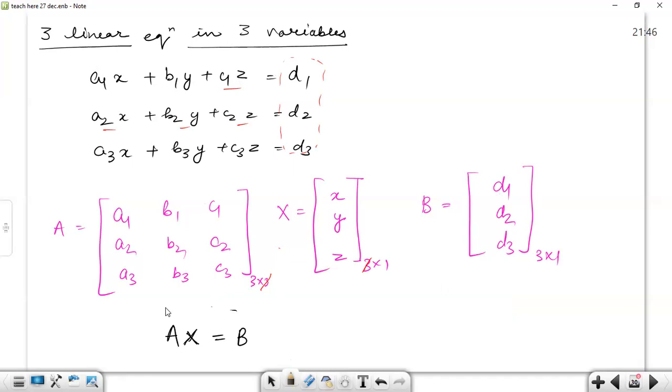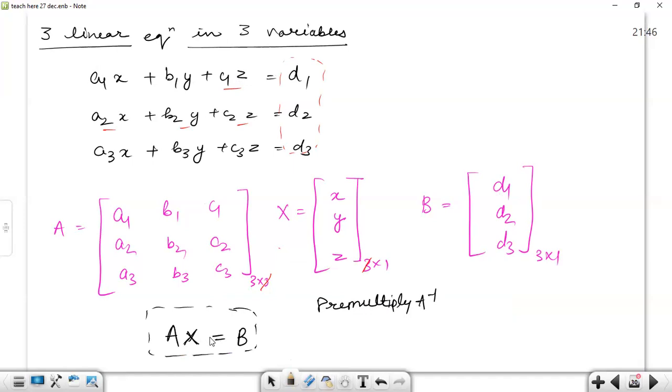And now this equation is very important. Now we will pre-multiply by A inverse.